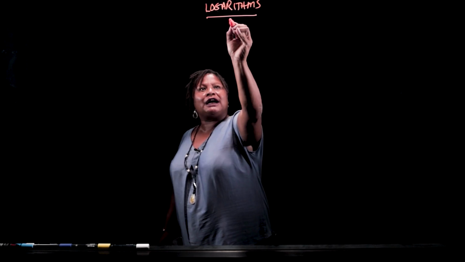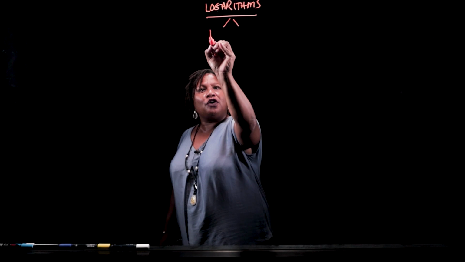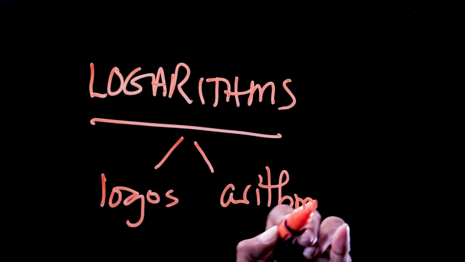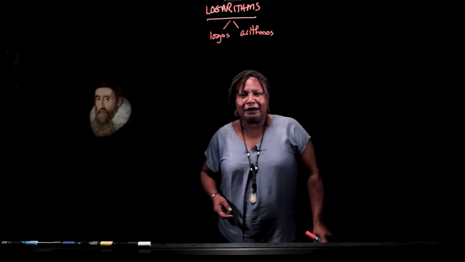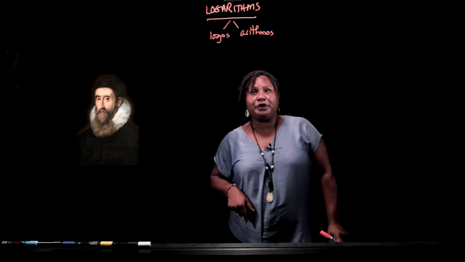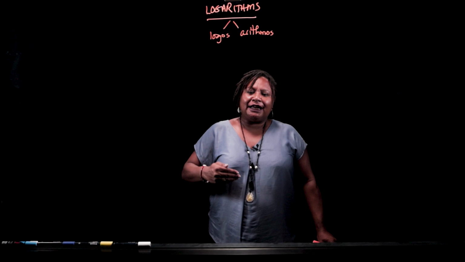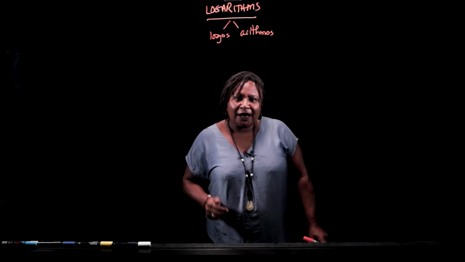Now, what are logarithms? Logarithms comes from the Greek words logos and arithmos, meaning a ratio of numbers. In the 17th century, a man named Napier came up with logarithms, and he set a method of completing calculations.